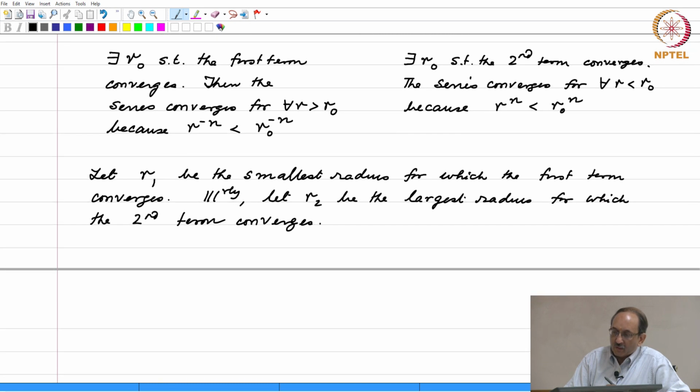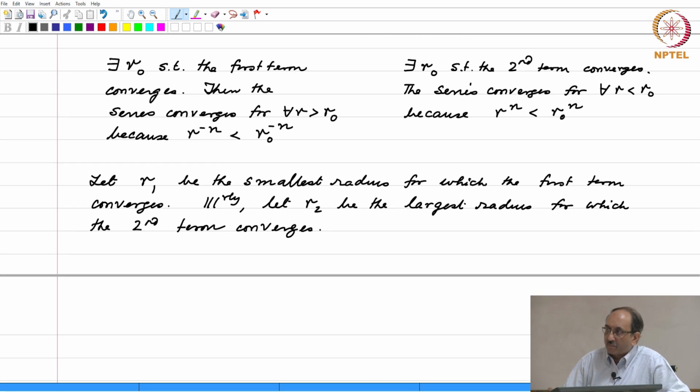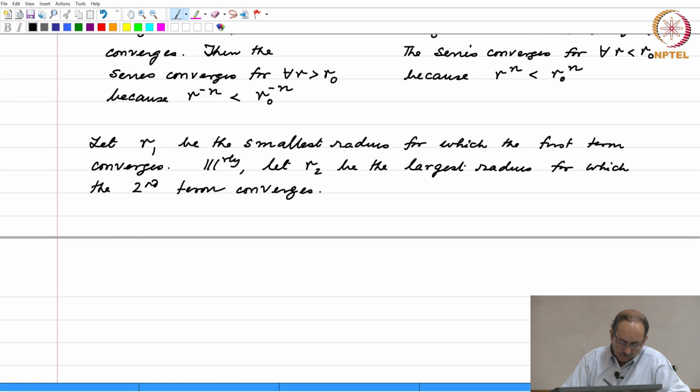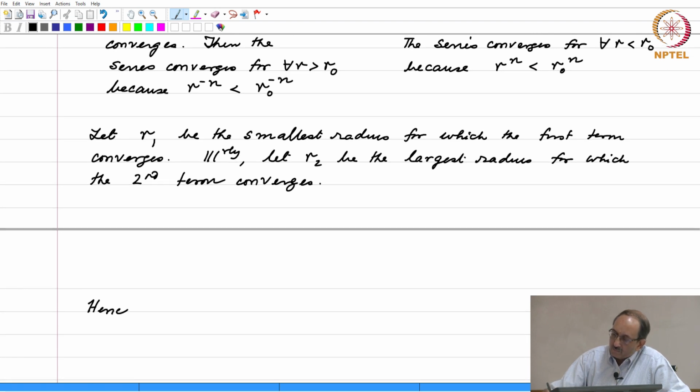So, if there exists an R1 for which the first term converges, and if there exists an R2 for which the second term converges, then the complete series, which involves both the first term and the second term, will converge when you have mod z between R1 and R2. Okay. So, hence X of z exists if you have R1 strictly less than mod z strictly less than R2.